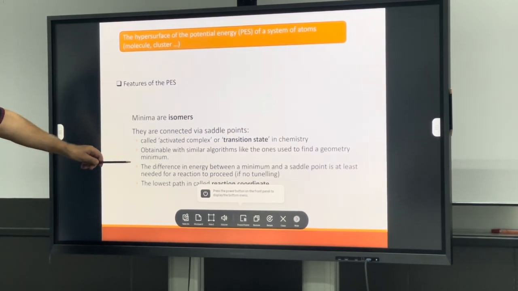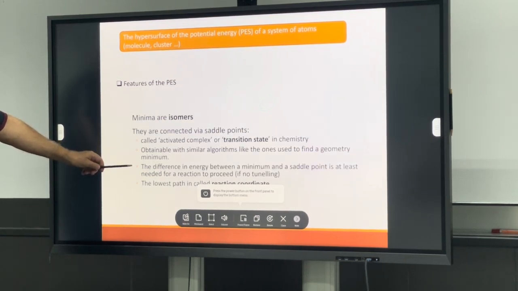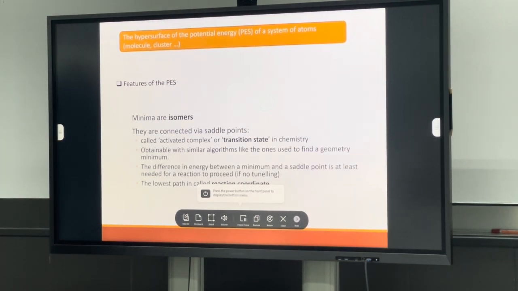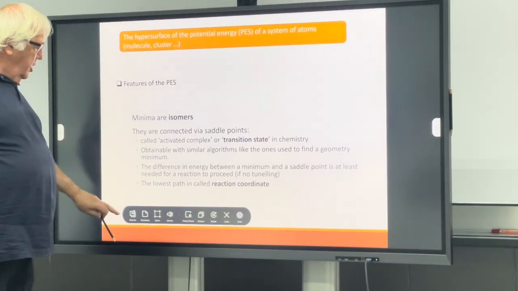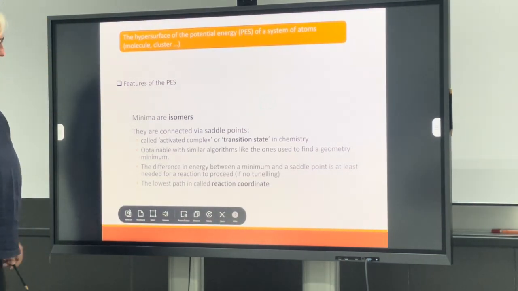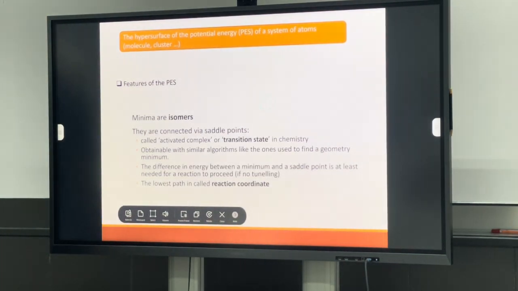The difference between the energy of the reactants and the energy of the saddle point is the activation energy. And the lowest energy pathway, this red curve, we normally call the reaction coordinate.